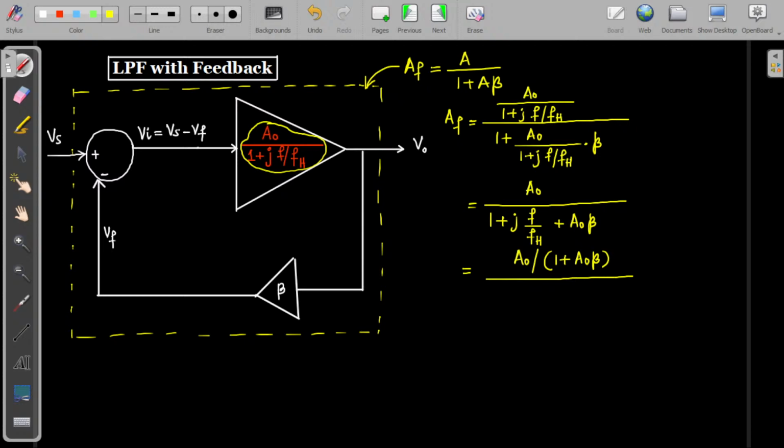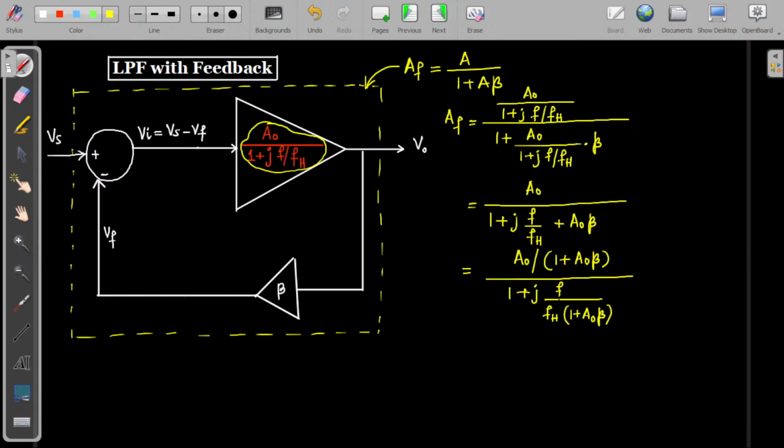total divided by, we can write it as, 1 plus jf by FH into 1 plus A0 beta. So this is the thing you can see right now.